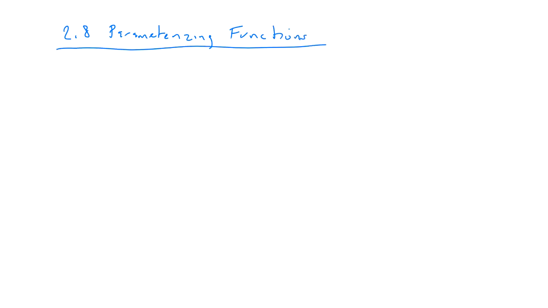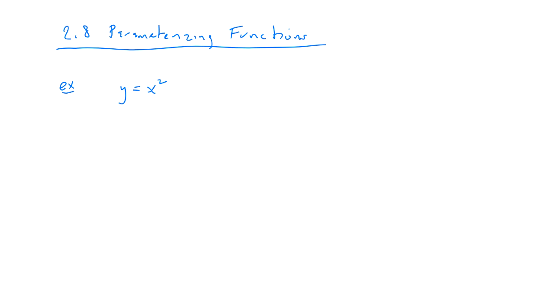Which is looking at parameterizing functions. In some sense, you should have done this either in Calc 2 quickly, or you probably will have done this in physics. And the idea is just to take a regular function, introduce a new variable, which often is time, and rewrite the function as a vector function.